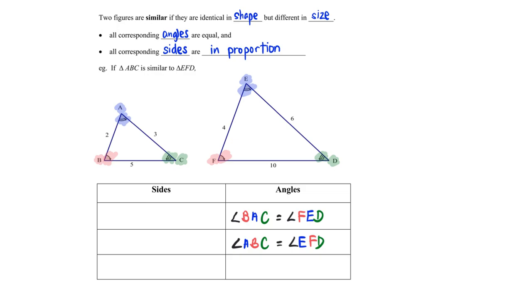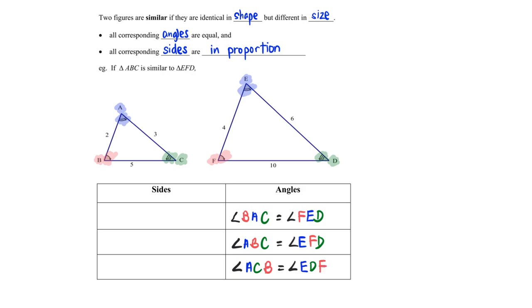If I write angle ACB, then I have to start with E instead of F. So it has to be E, D, F.